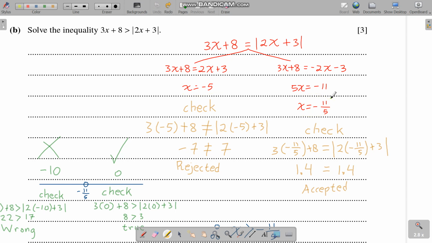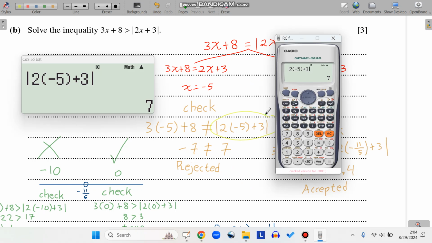However, sometimes we get fake critical points, so we have to check using the equation. So we replace this x and this x with the minus 5 critical point here, so you get 3 times minus 5 plus 8 and a modulus of 2 times minus 5 plus 3. Now if you use your calculator here, you will get minus 7, and here make sure you know how to use a calculator for the modulus.